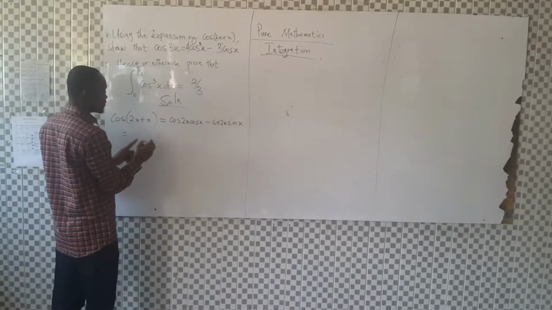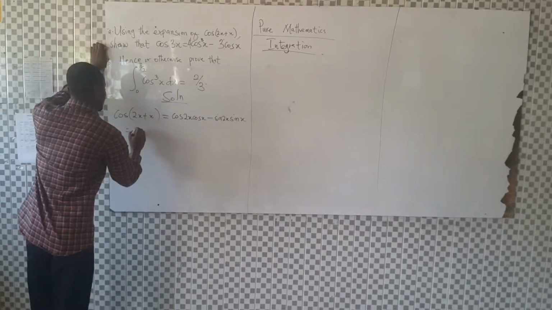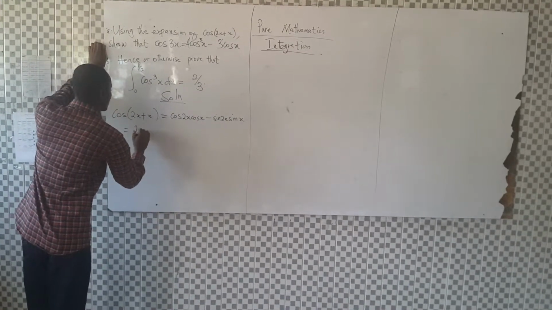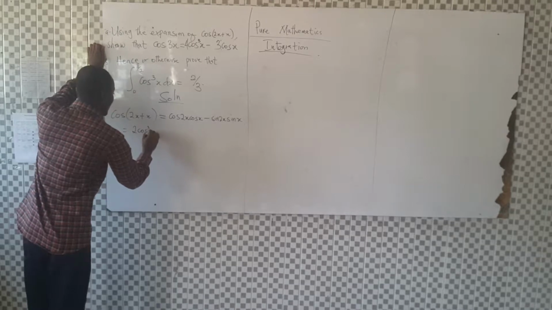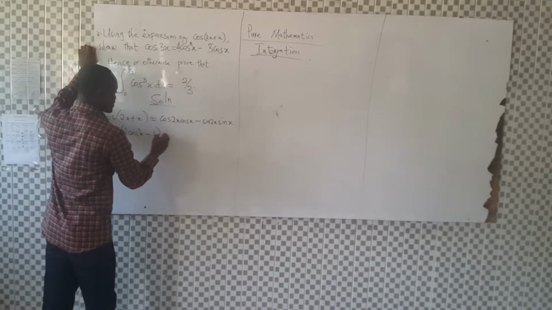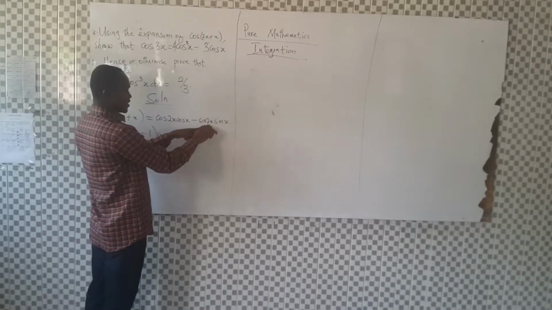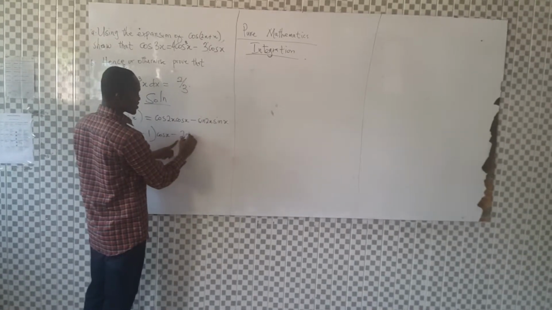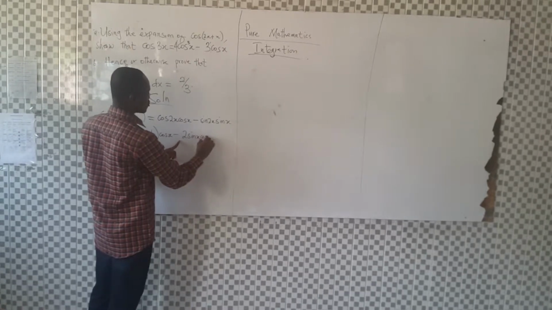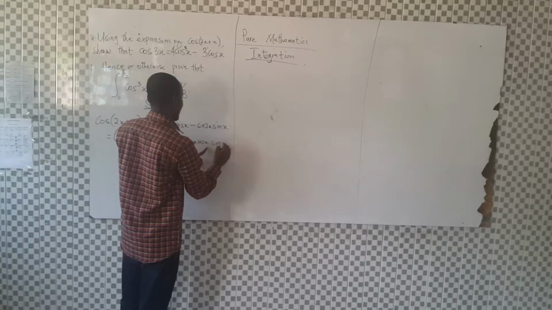So we're going to have (2cos²x minus 1), and then all of this multiplied by cos x. Now this is going to be 2 sin x cos x with another sin x.